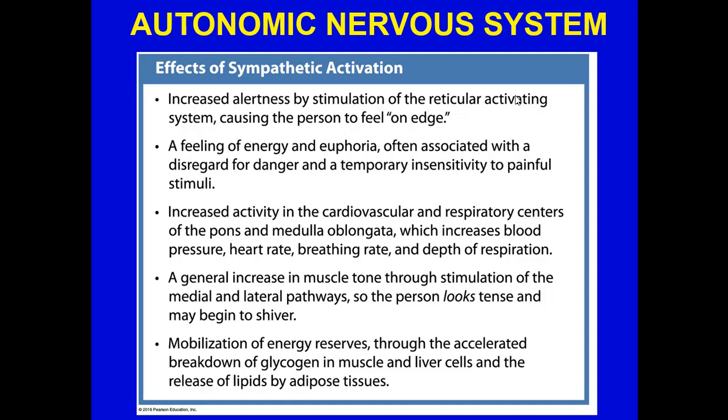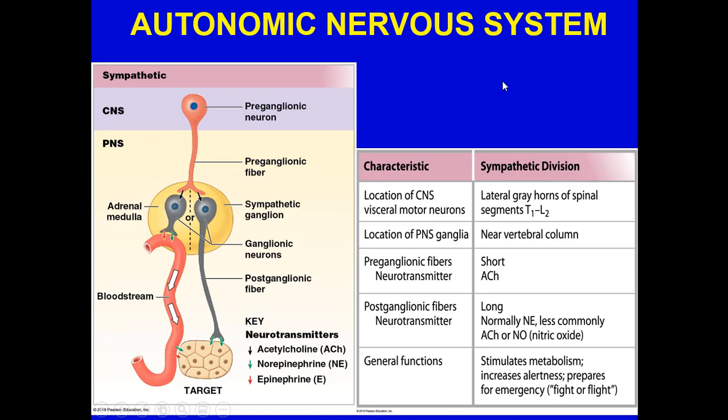You're also going to get more fuel for the cells by the breakdown of lipids and release of these lipids from the adipose tissues into the blood. So basically, when you look at sympathetic, you have a preganglionic neuron in the CNS. It will then synapse here in the sympathetic ganglion, and then its postganglionic fiber will release norepinephrine as a neurotransmitter to the target organ.